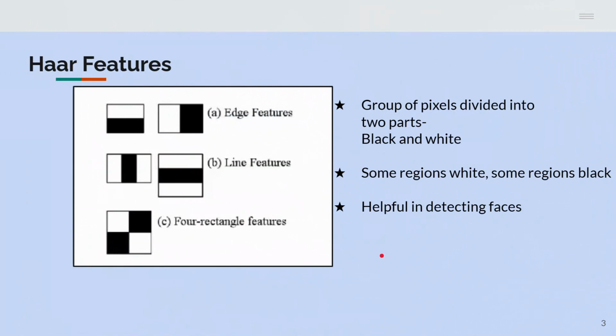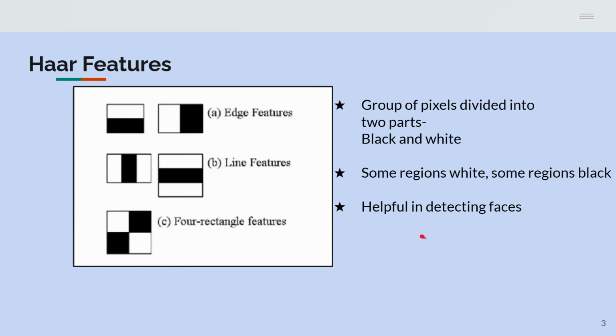First of all, what are Haar features? Haar features are nothing but a group of pixels divided into two parts, black and white. Some regions are white and some regions are black, and these Haar features are helpful in doing face detection.